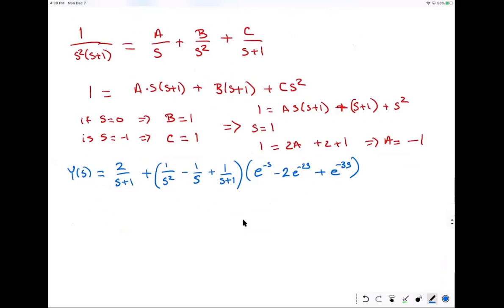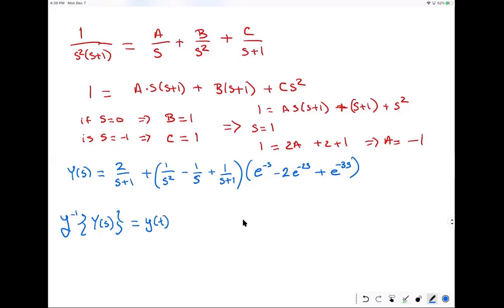Whew, yikes, right? And then I'm going to take the inverse Laplace transform of both sides of that. So here we go. If I take the inverse of Y of s, that's going to be y of t, by the way. The first term is right on our chart.